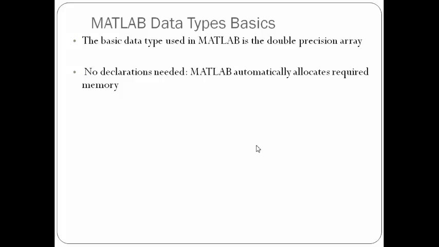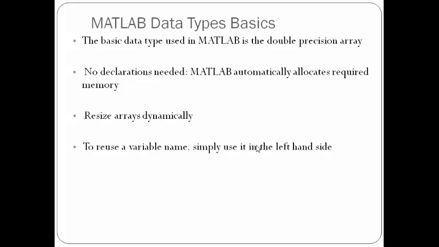This is the most beautiful feature of MATLAB, that no pre-declaration is needed for any variable. You can use a variable on the fly. Arrays can be resized dynamically at any time, and their allocations can be done dynamically.